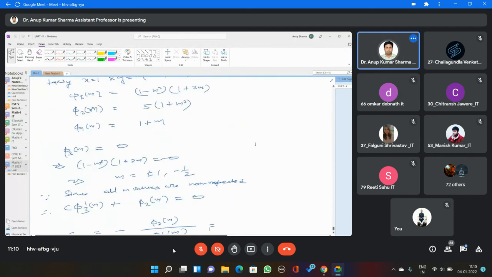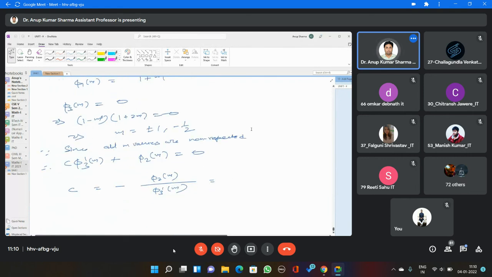This is 5 times 1 plus m squared, not differentiated.